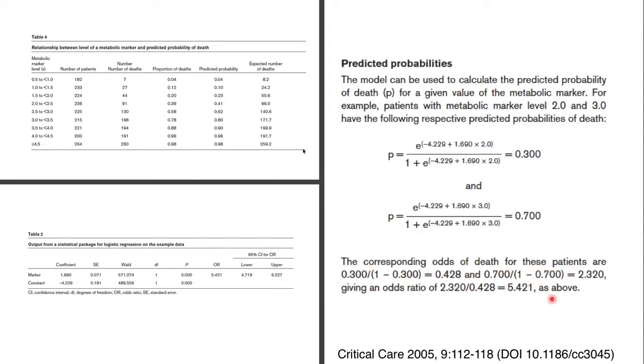They're able to calculate an odds ratio of 5.4 for those levels of markers. So that would say that if somebody had a value of 2 compared to a value of 3.